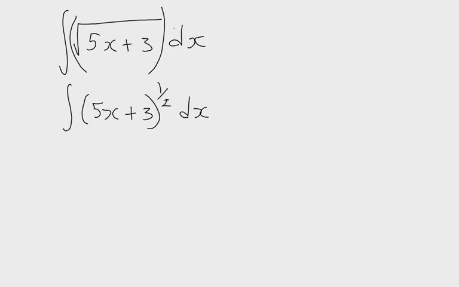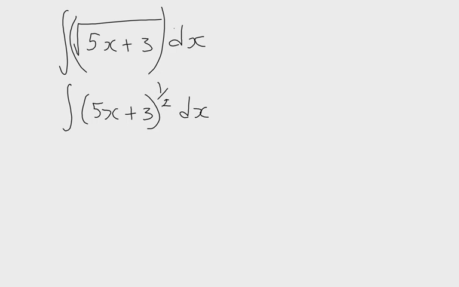Now, two things here. The variable has been multiplied by a constant, and that constant is 5. And then we also have this power.